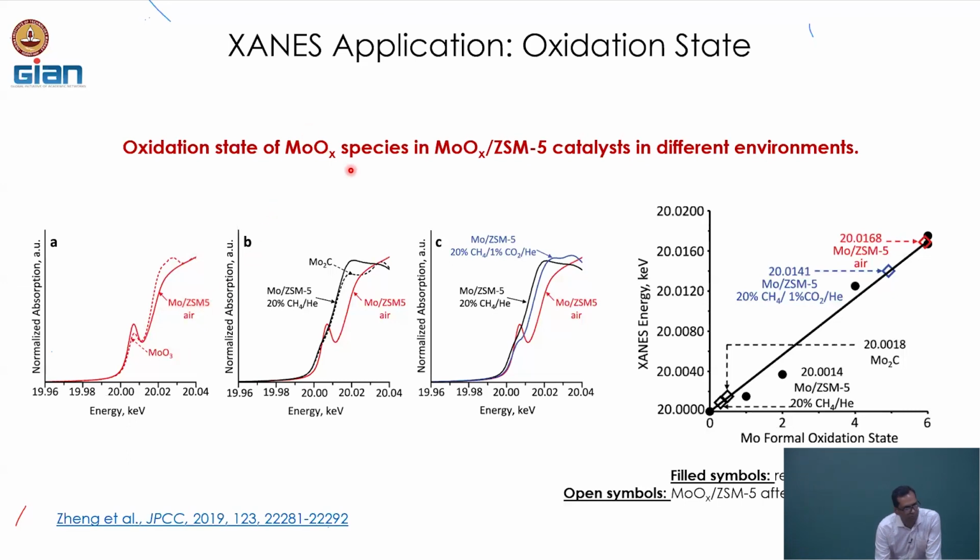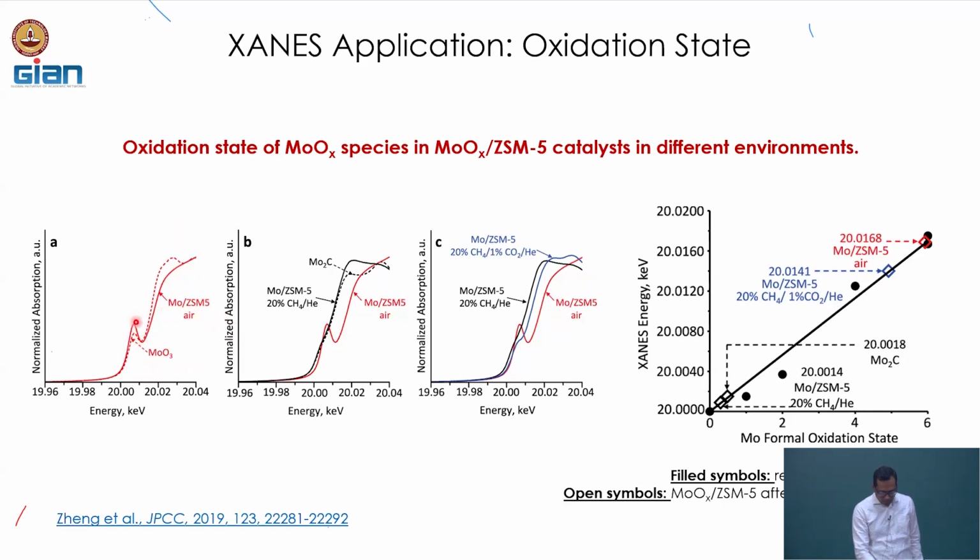By the way, this is 2% moly, which is a very low loading where full dispersion is expected to happen. It's below monolayer coverage. As compared to the MoO3, which is not exactly a tetrahedral structure, the moly oxide on ZSM5 has strong tetrahedral characteristic. As you can see, the pre-edge for the solid red line is significant as compared to the dotted red line.